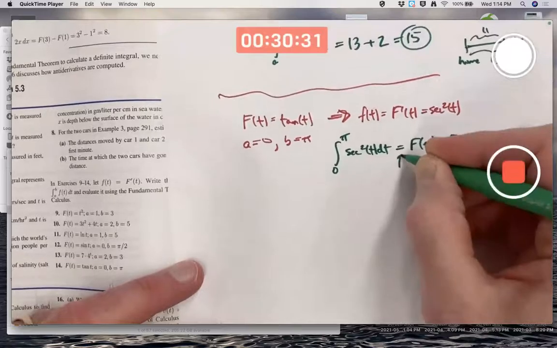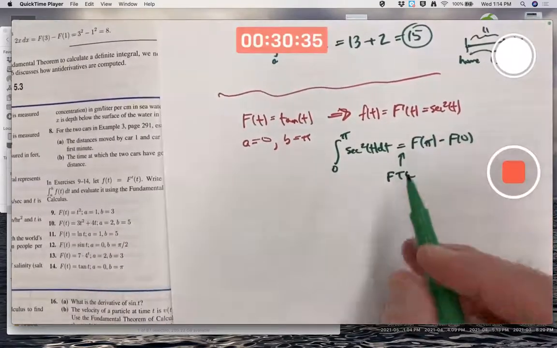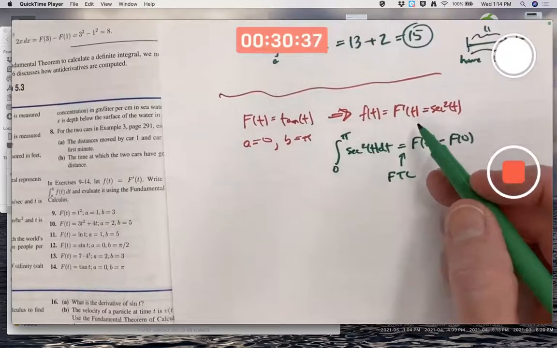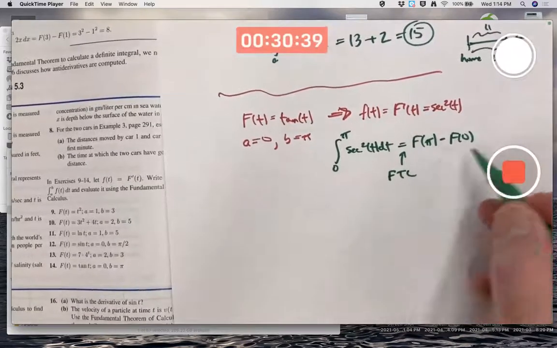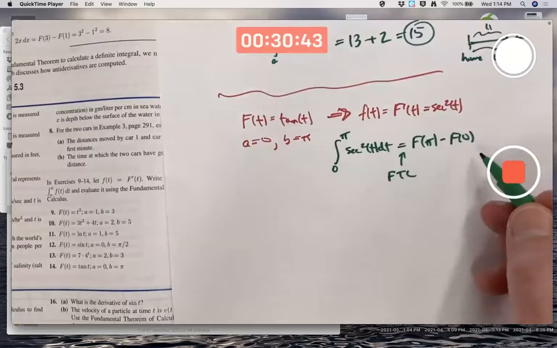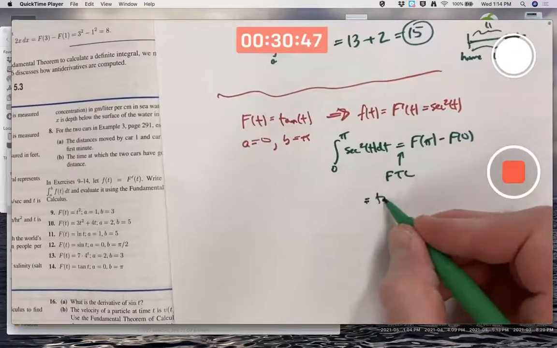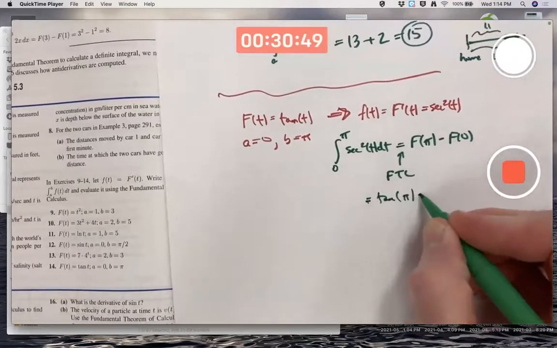That's the fundamental theorem of calculus right there. The integral of little f, which is the derivative of big F, is a change in the value of big F, where big F is tangent. So this becomes tangent of pi minus tangent of 0.